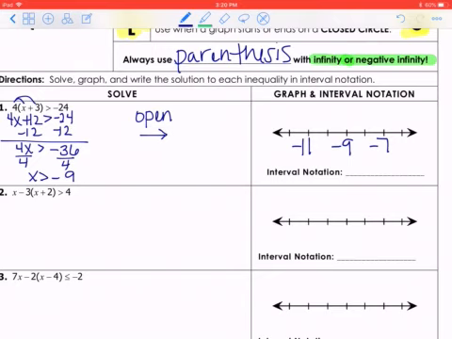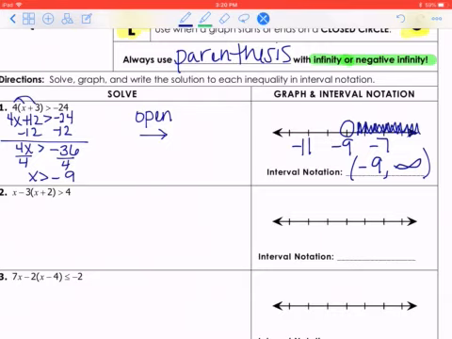It will be an open circle, and I would shade to the right like I just said. Okay, so my starting point was at negative 9, and it was open, so that deserves a parentheses. And then this goes on and on forever, so that's going to positive infinity.